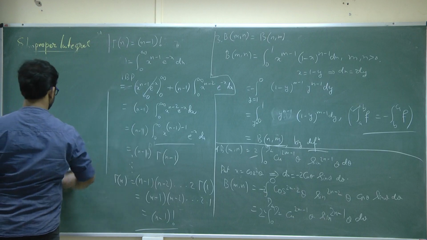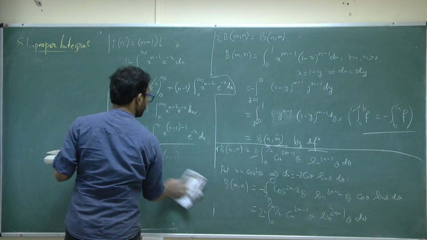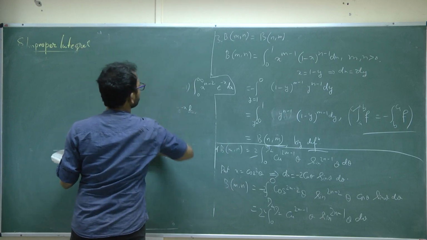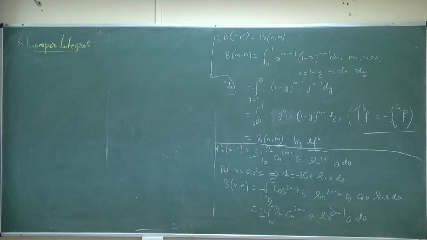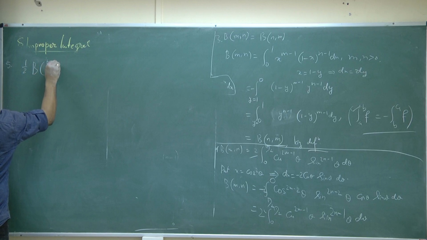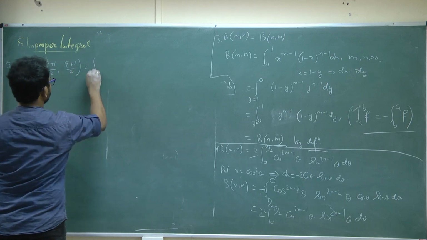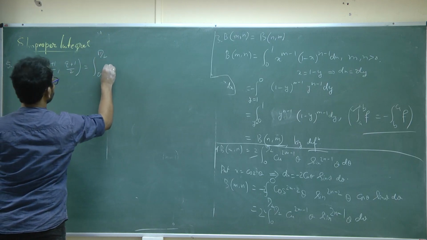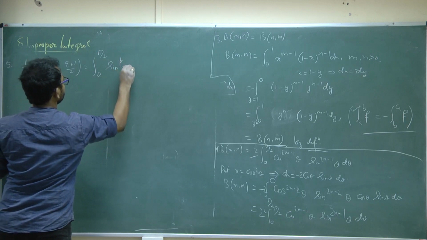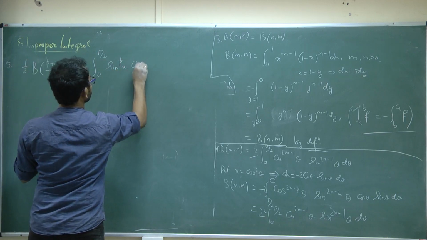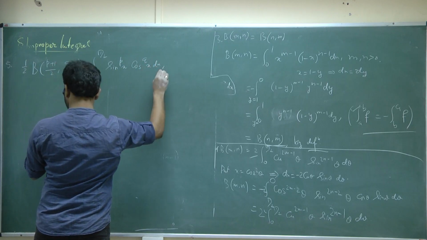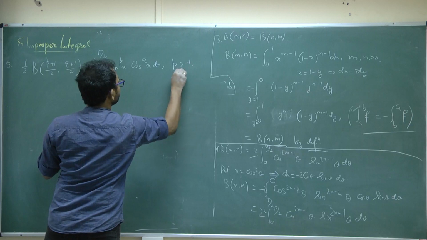Similarly, there is one more formula about beta function and trigonometrical function. So, another formula is, this one was 5: half of beta(p plus 1 by 2, q plus 1 by 2) is equal to the integral from 0 to pi by 2 of sin to the power p x and cos to the power q x dx, where p is greater than minus 1, q is greater than minus 1.